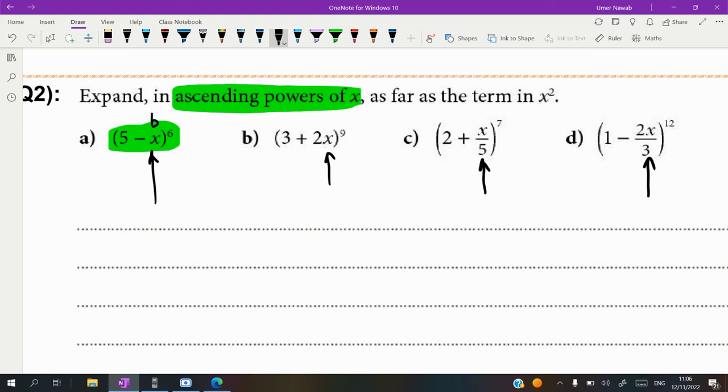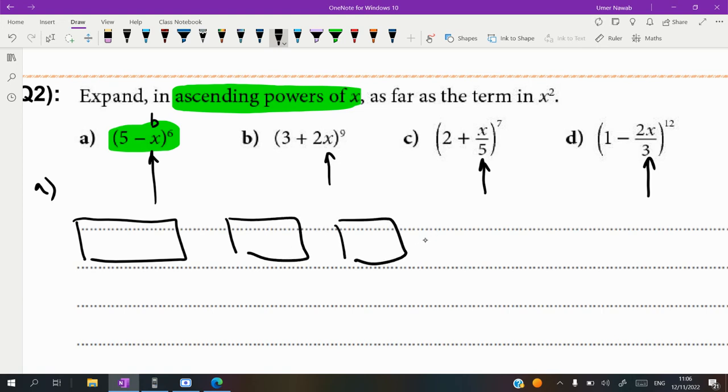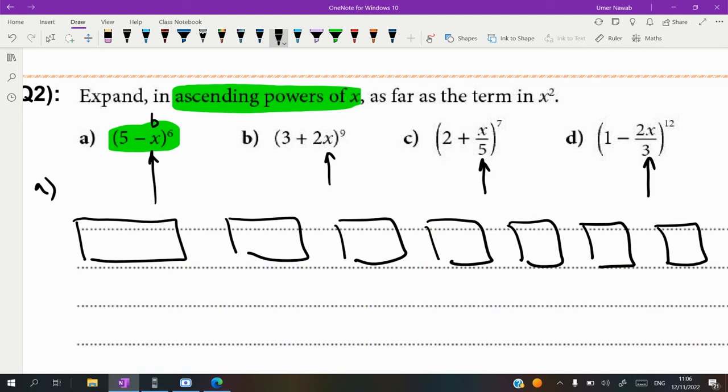Now 6 means I'm going to get 7 terms. I'm talking about the first part. So 7 terms: 1, 2, 3, 4, 5, 6, and 7. Regarding the binomial coefficients, I'm going to get 6C0, 6C1, 6C2, 6C3, 6C4, 6C5, and 6C6. The first 5 is written everywhere.